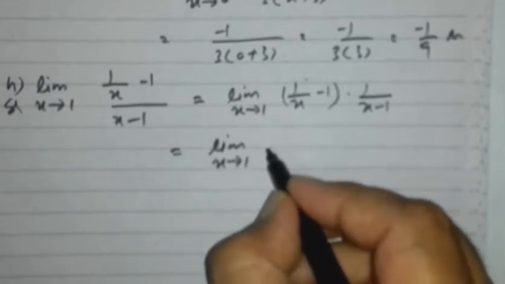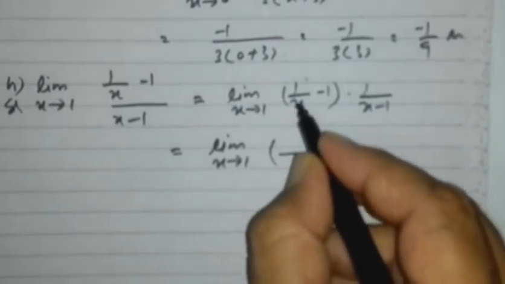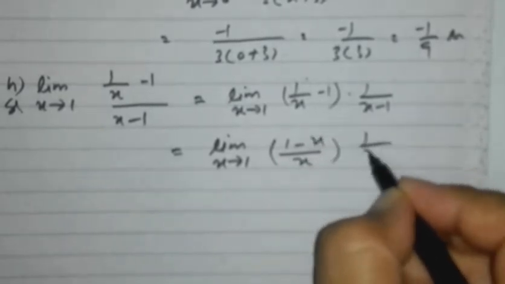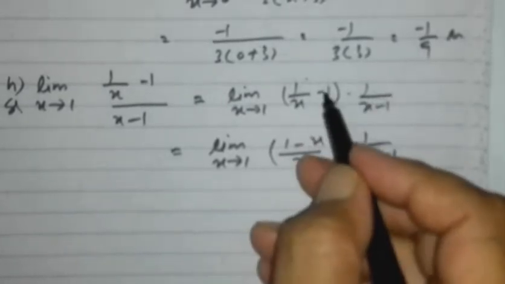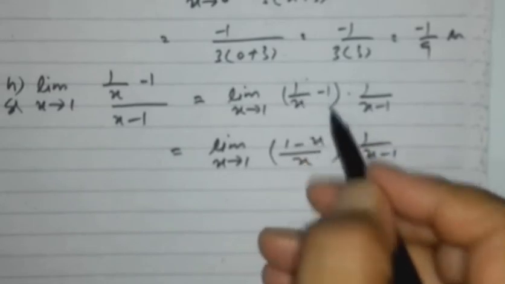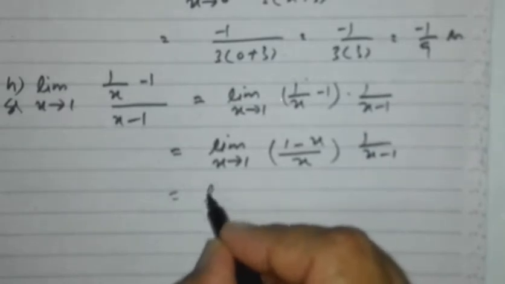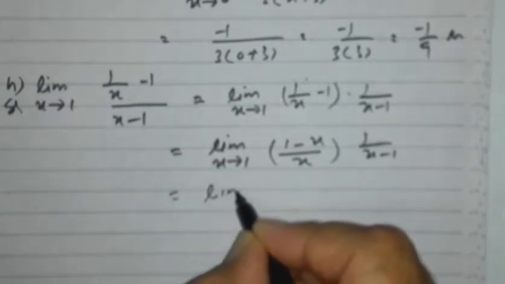Limit x tends to 1. x is the LCM, so we get 1 minus x into, look, x into 1 we get minus 1 minus x, like this. Now take minus 1 common from the numerator.